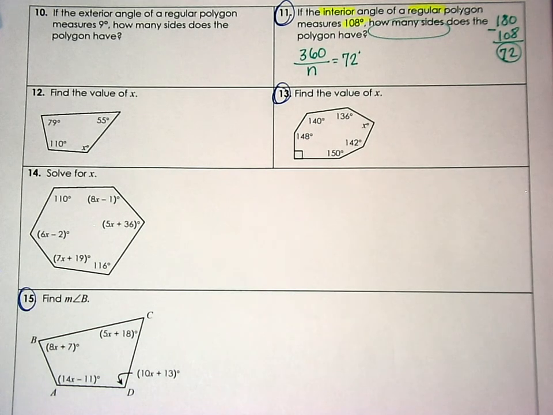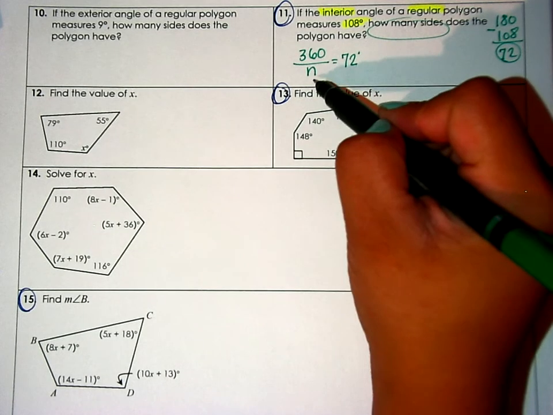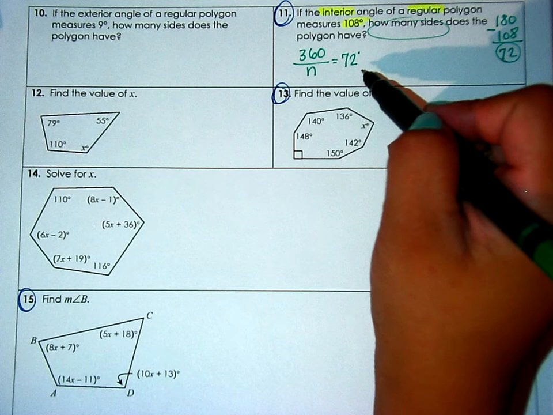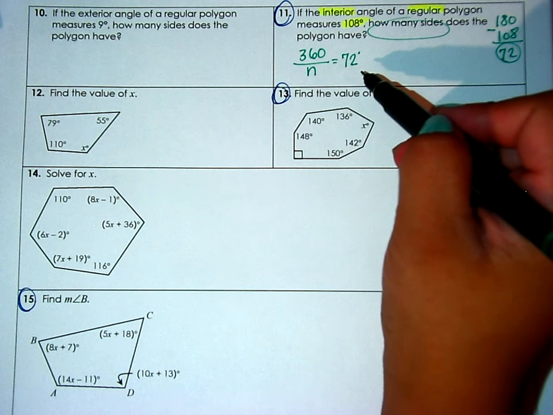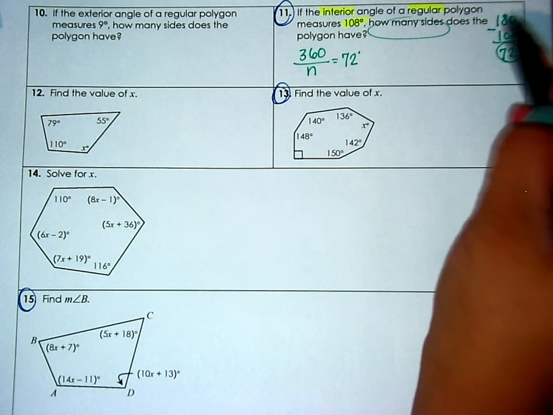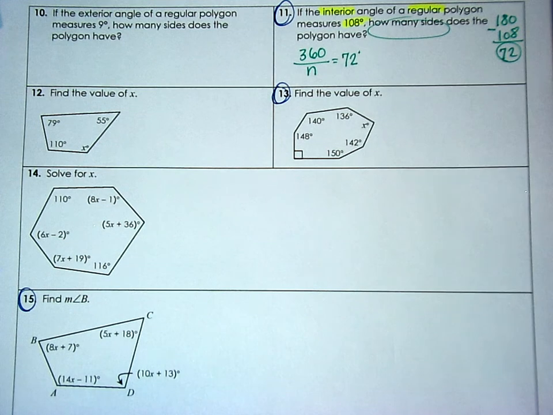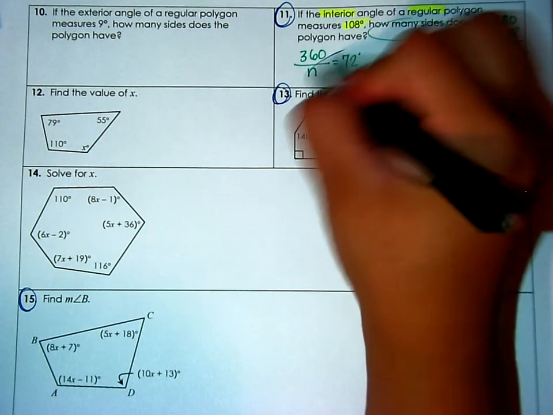I couldn't have two unknowns, so I had to either know the number of sides, which I didn't, because that was the question, or I had to know the exterior angle, which I did, because all I had to do was subtract it from 180. So now that I have that 72, I can do the trick, which is take these two and switch them.